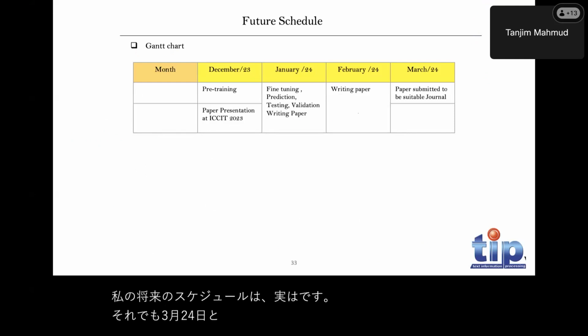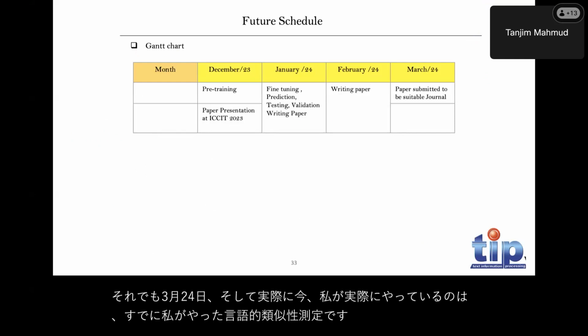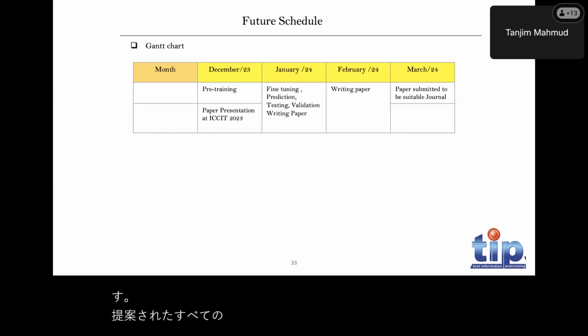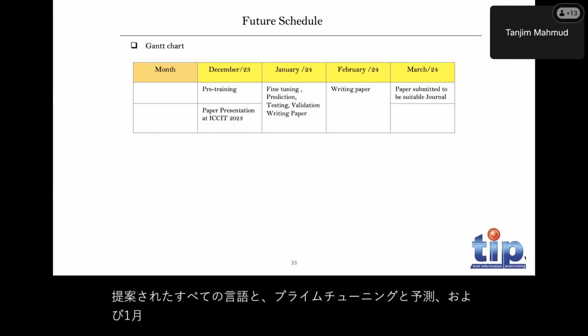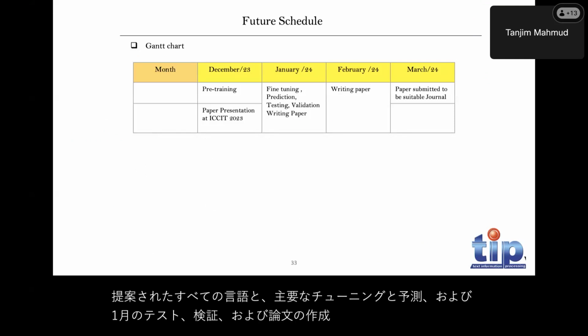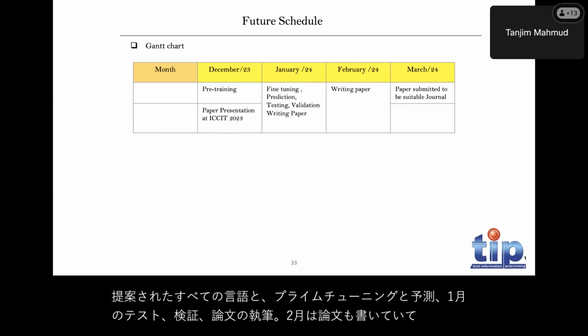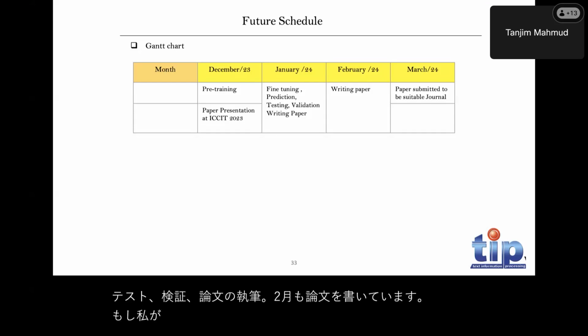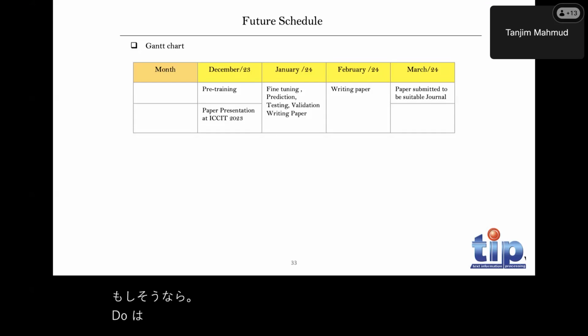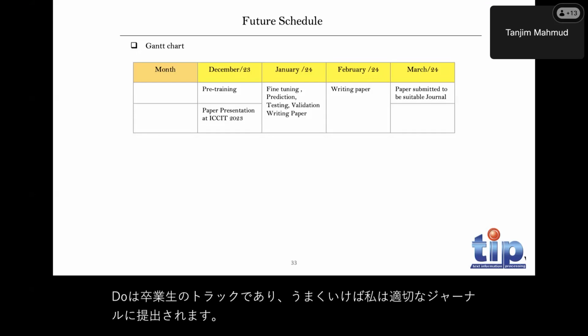Right now I'm doing the linguistic similarity method, and next is pre-training on all of the proposed languages, fine-tuning and prediction, and in January testing, validation and writing the paper. February is also for writing the paper, and hopefully I will submit to a suitable journal.